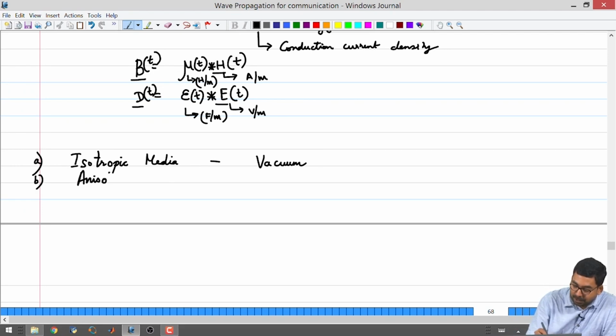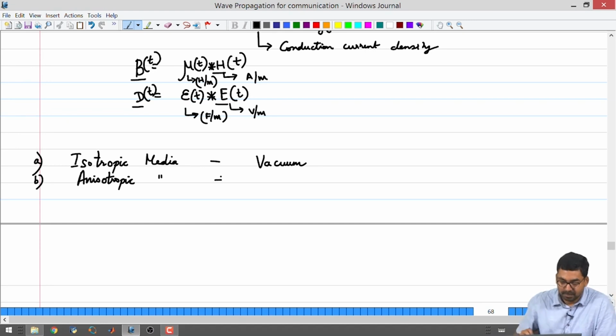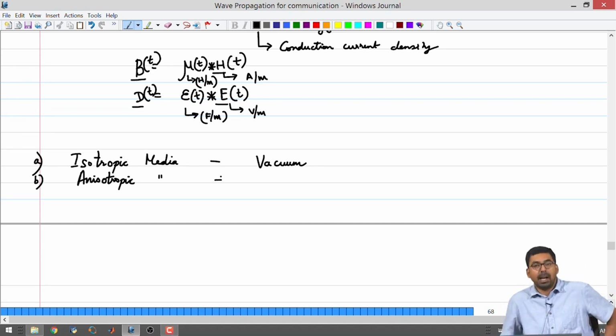Which already gives you the thought about what another material could be in terms of space. You could have anisotropic media, which means that you don't have the same value of epsilon and mu in all directions. In solid state physics in your undergraduate, you may have studied crystal structures and crystal lattice. Specifically, you must have studied the Bravais lattice and Miller indices and all that.